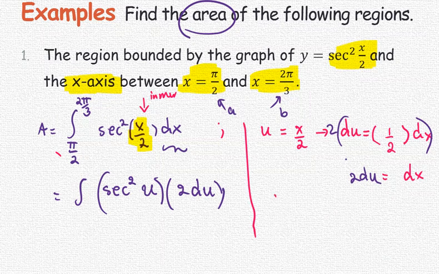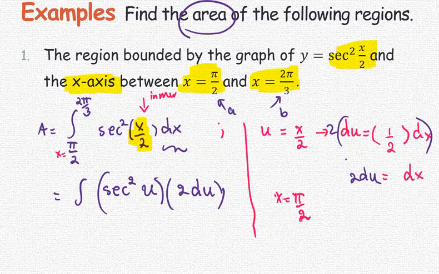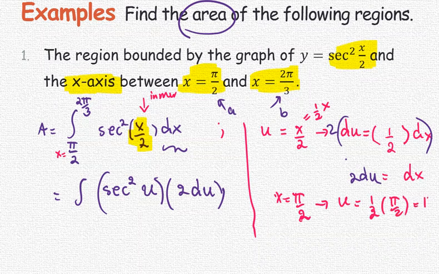For the lower limit x equals pi over 2, u, which is x over 2, I can write as 1 half times x. So it's going to be 1 half times pi over 2. That gives me pi over 4 as the lower limit in the form of u.